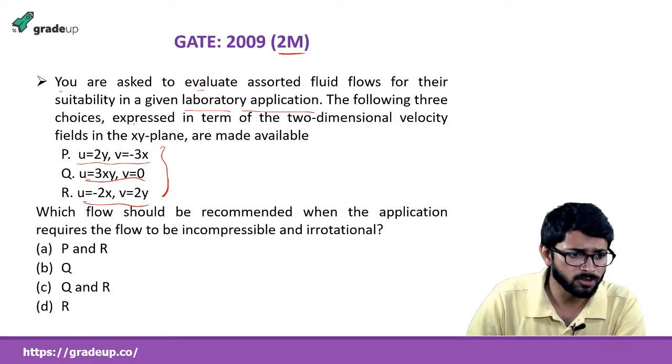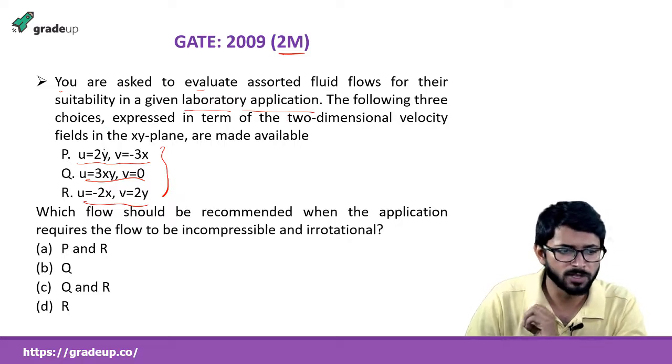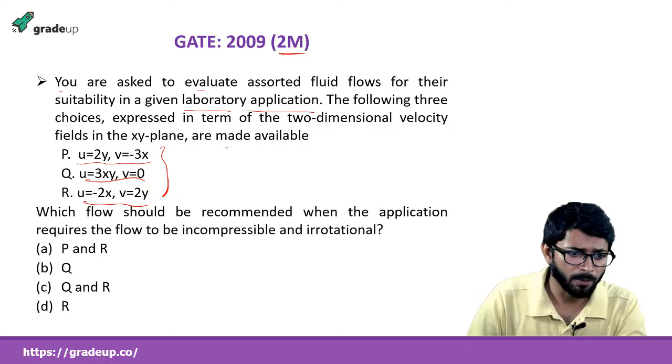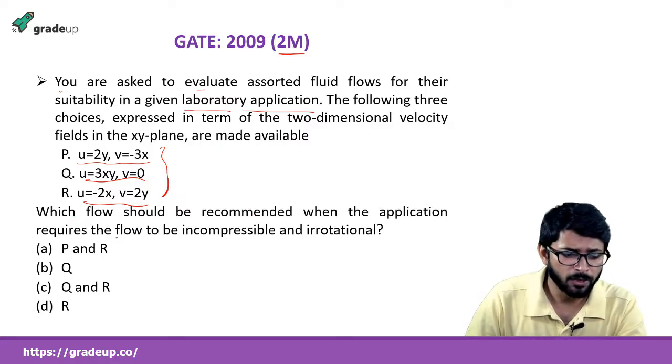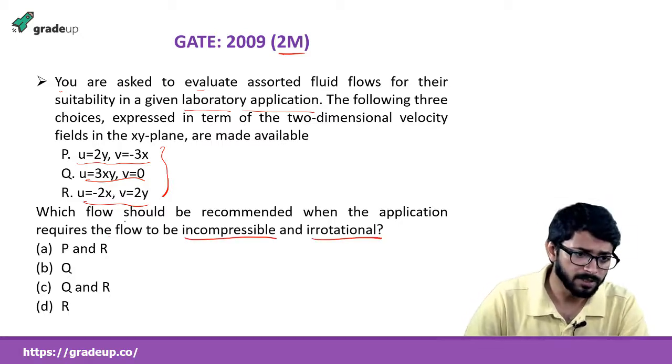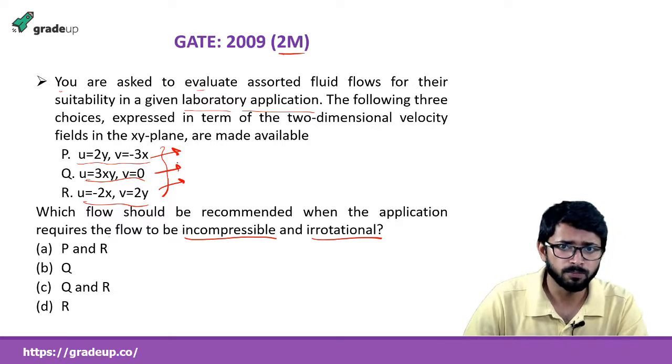The following 3 choices, expressed as 2-dimensional velocity fields in the xy plane, are made available. Which flow should be recommended when the application requires the flow to be incompressible and irrotational? So here we have to check which one satisfies both conditions.